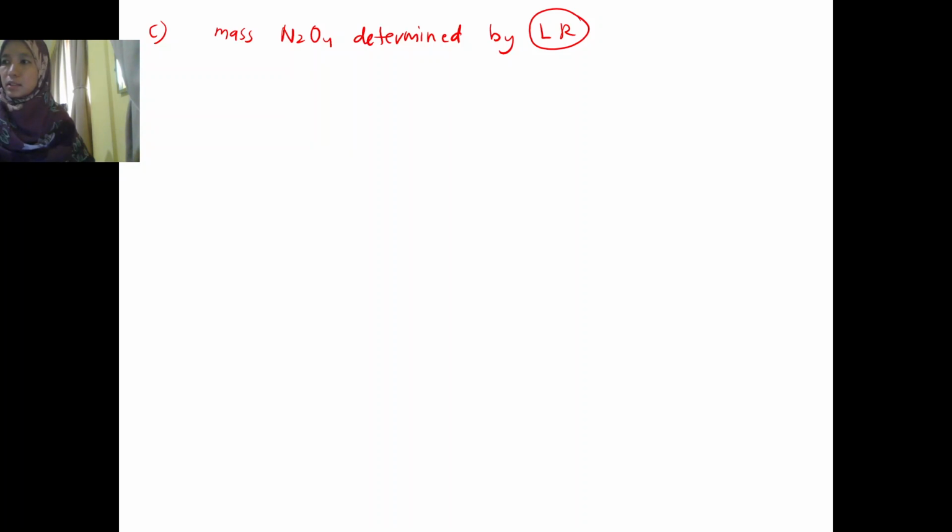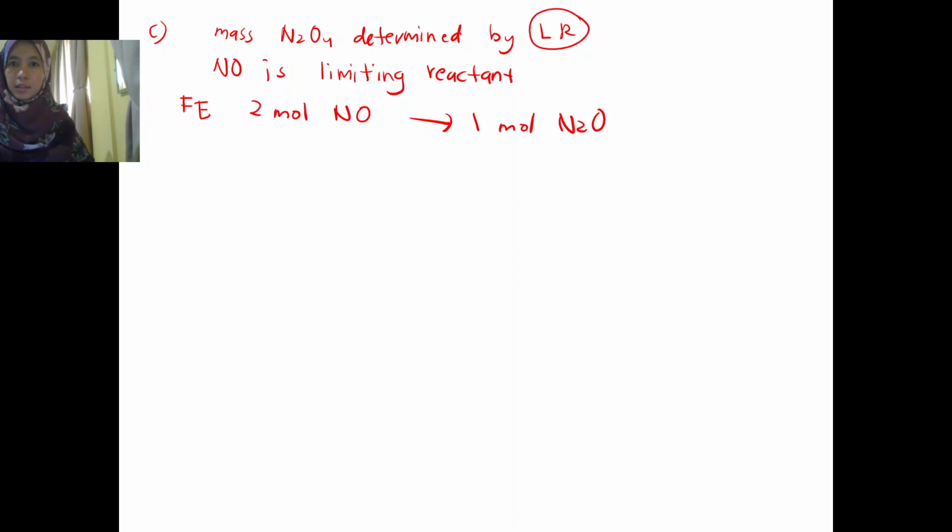So we know O2 is excess, so NO is the limiting reactant. So from the equation, the relation between NO and N2O4 is 2 to 1. So because NO is the limiting reactant, meaning we use all the mole for NO, which is 5.8411 exponent negative 3 mole.